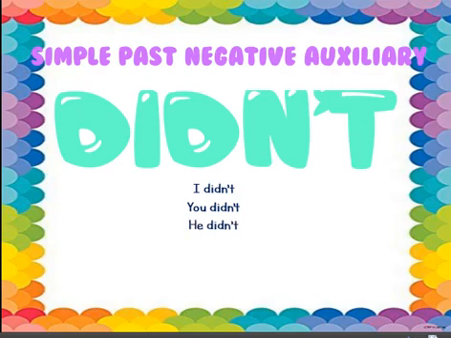He didn't. She didn't. It didn't. We didn't. They didn't. So, if you notice, we are going to use didn't in all the cases, okay? With all the subjects. So this makes everything much easier.